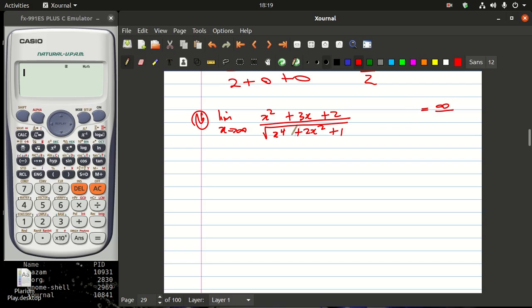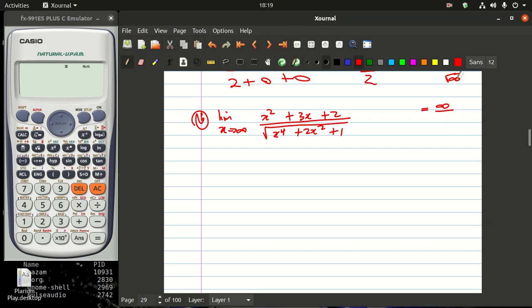So I end up having infinity divided by, in the denominator, infinity to the power 4, and these big numbers still give infinity, plus infinity squared, which is the same as infinity times 2, which is infinity. So I have infinity plus infinity, that's infinity, and the 1 is insignificant, so we end up with the square root of infinity.